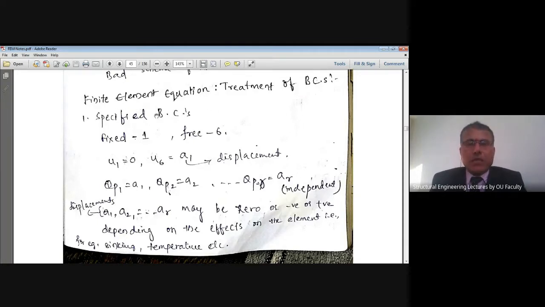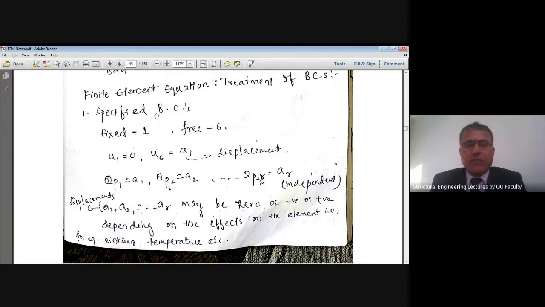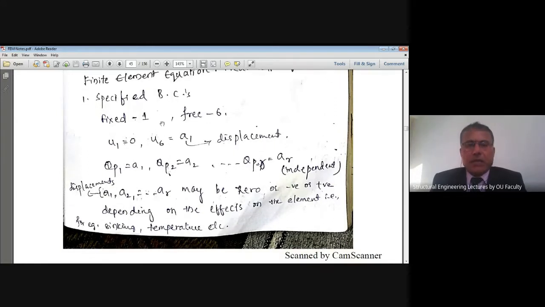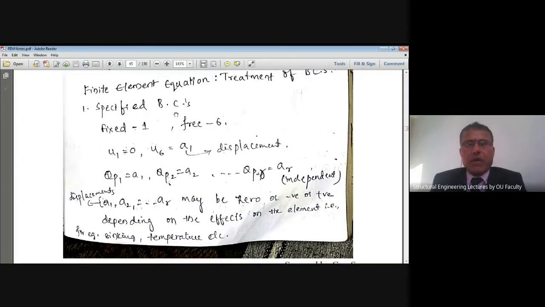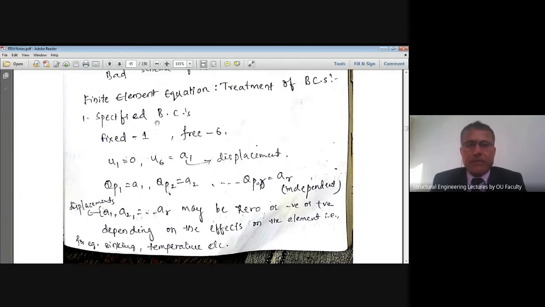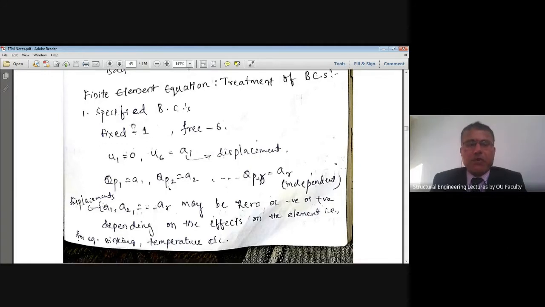Now, the boundary conditions may be of specified nature, meaning a few boundary conditions do have specified displacements. They are called specified boundary conditions. The second type are the boundaries or supports that may be multi-constraint boundary conditions. Now let us see the very first type, the specified boundary conditions.